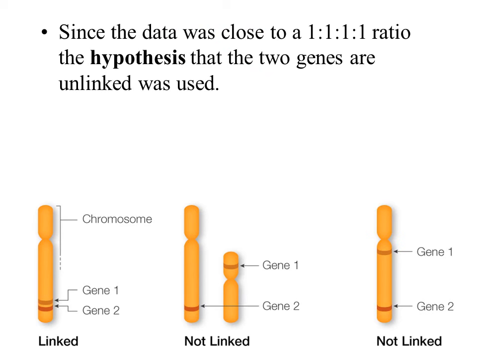So since the data was close to a 1 to 1 to 1 ratio, or 50% parental and 50% recombination type, we created this hypothesis that two genes are unlinked. So this is the hypothesis that will be tested using the chi-square analysis.